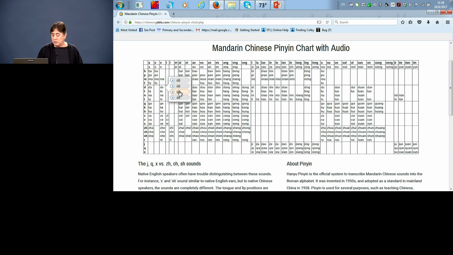You can pick any tone. What I would have you do is one person be looking at the chart and picking and writing down maybe 5 to 10 syllables. The other person tries to just listen and hear it and practice writing it down. So this is sort of dictation, but without needing a native speaker to do it.